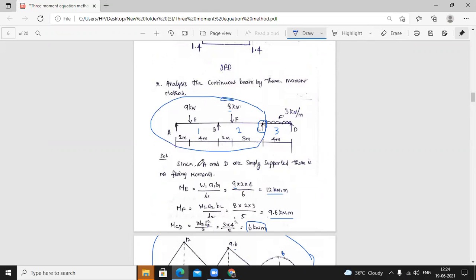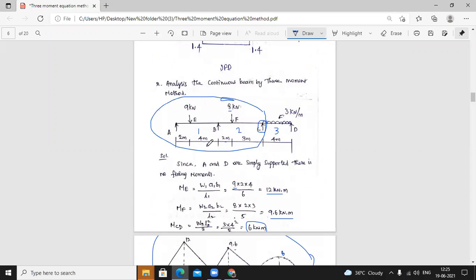Taking moments about the point C: RA into 6 plus 5, 11, RA into 11. Next, 9 into 9. Next, RB into 5. Next, 8 into 3.